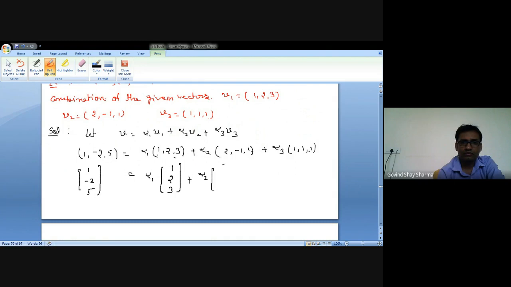Alpha 2 times (2, -1, 1) plus alpha 3 times (1, 1, 1).